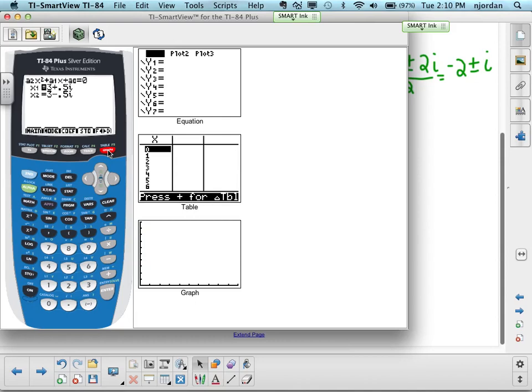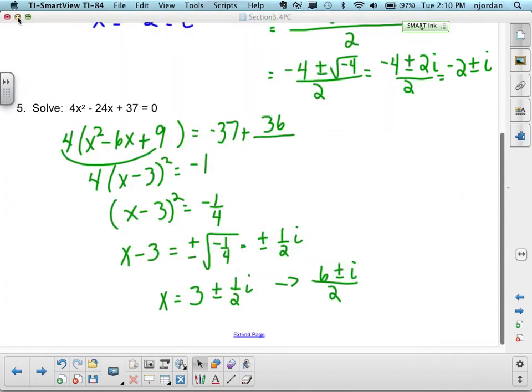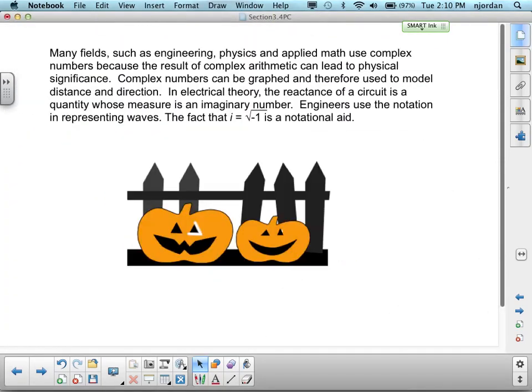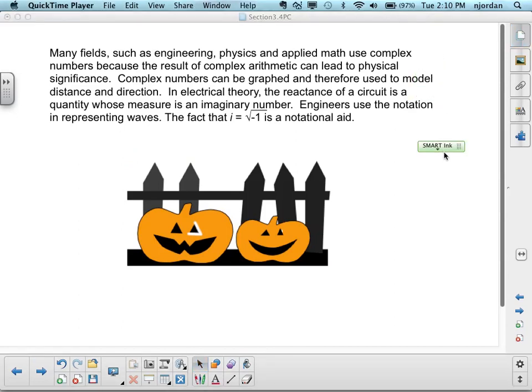Okay? All right. Now we don't have a whole lot of time in here to take a look at the history, but sometimes these imaginary numbers do get a bad rap, because I think really it's because of the term imaginary.